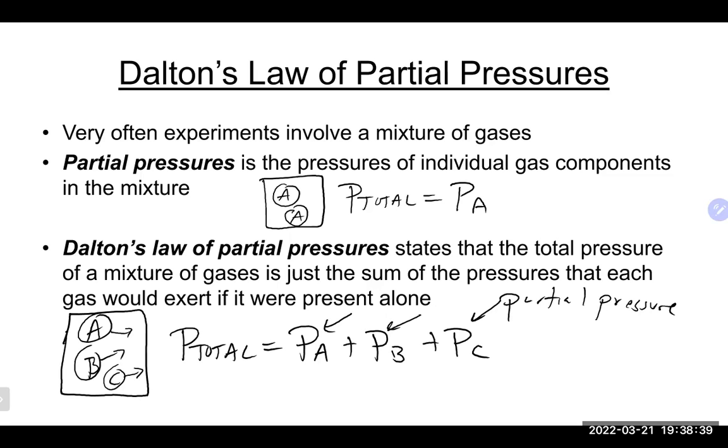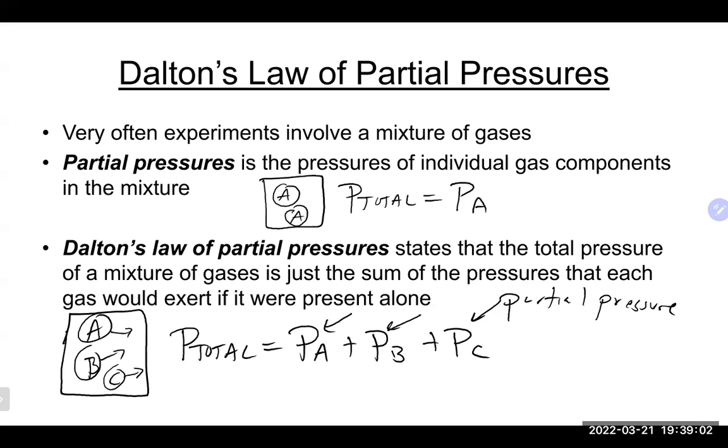So in this example, with three different gas molecules flying around in the same container, assuming ideal situations, gas molecule A has no interaction with gas molecule B or gas molecule C. It's almost like they are in there separately by themselves.